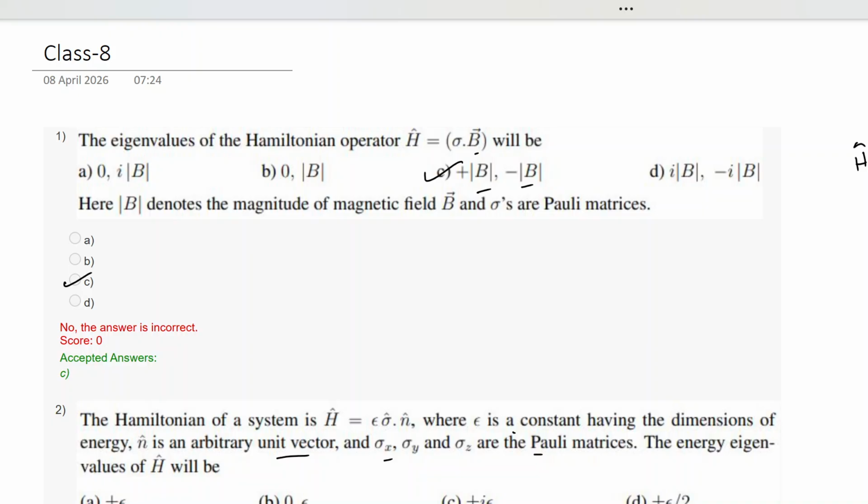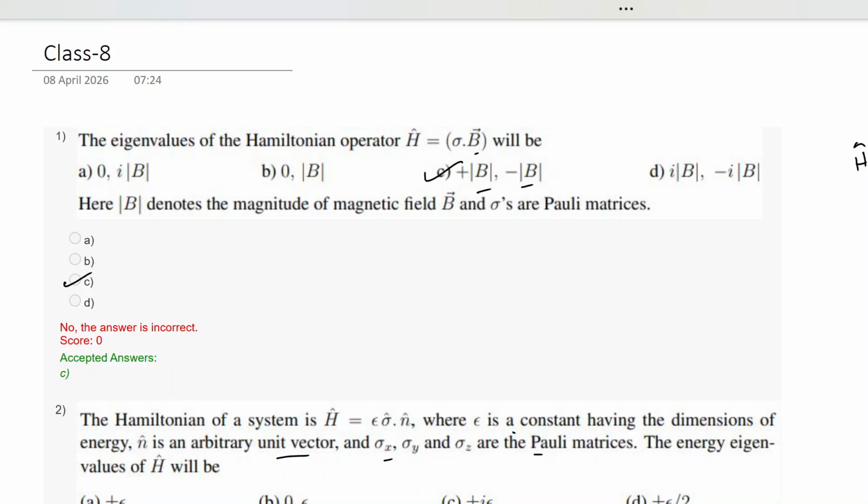A similar thing is done here: epsilon sigma dot n cap. So here you had mod B and here you have epsilon, and the rest of the structure of H is just the same. From the same procedure by which you solve question number 1, you can also solve question number 2.